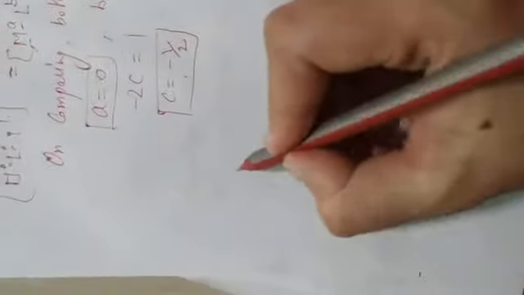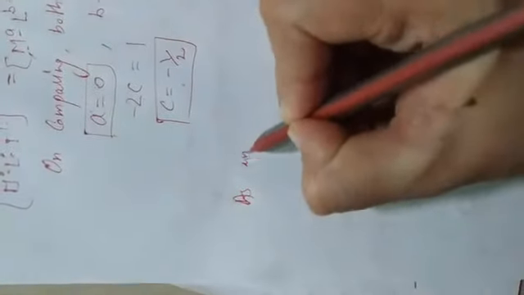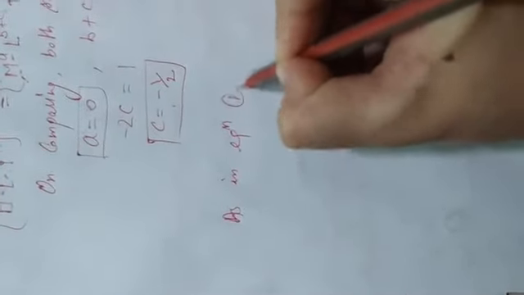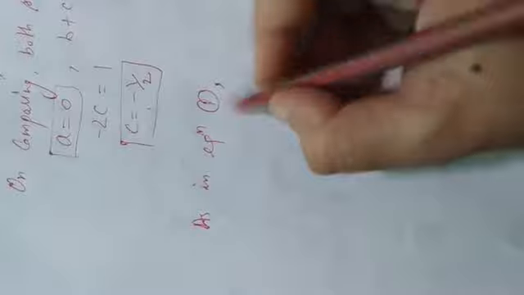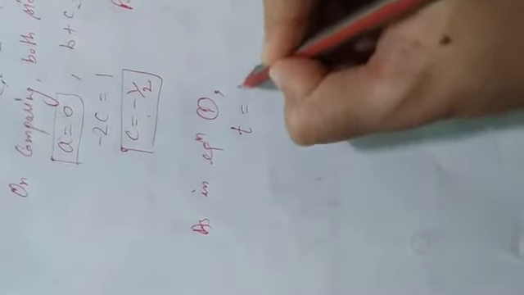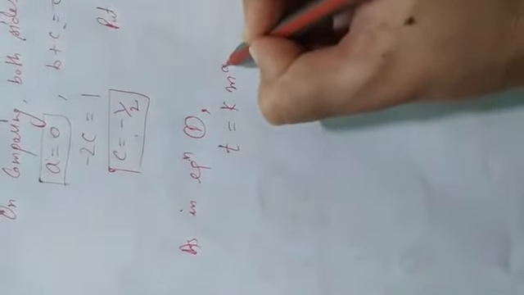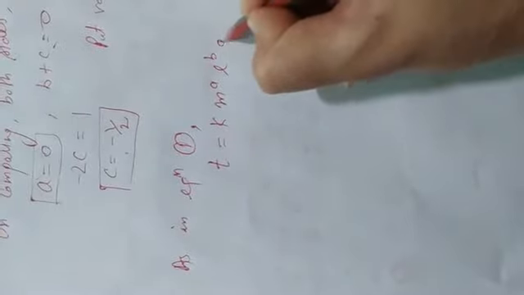Now after this put these values in this equation. Here we have taken this first equation. Now put the values of a, b, c here. Then the relation of T will come out. This is the derivation of T as in the first equation, T equal to K M^a L^b g^c.